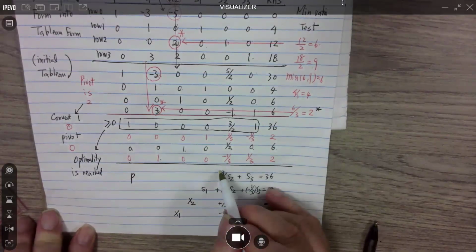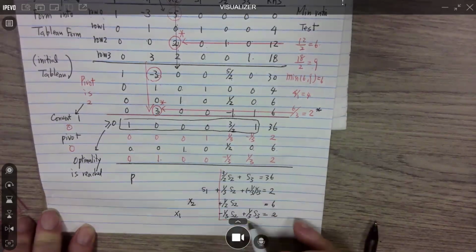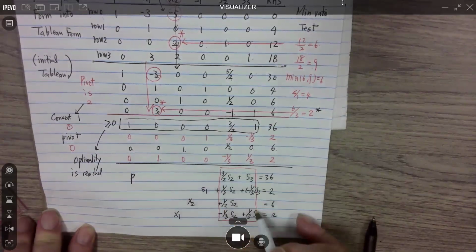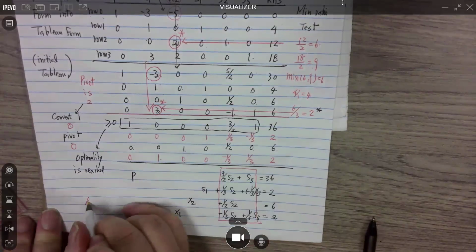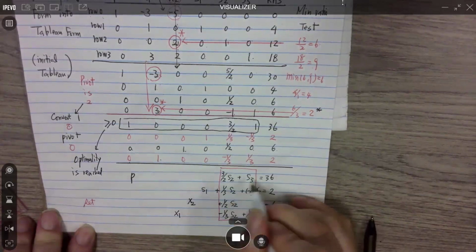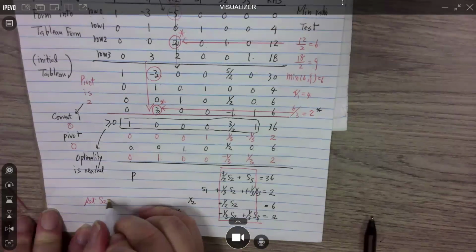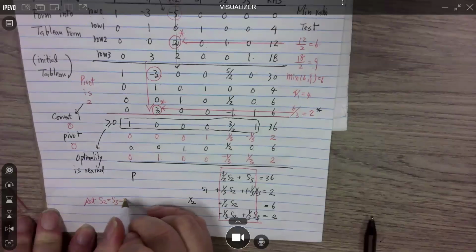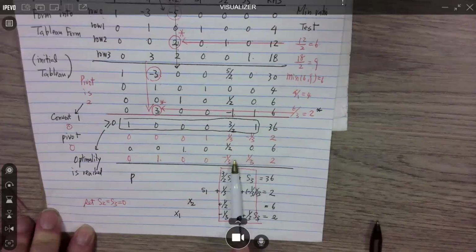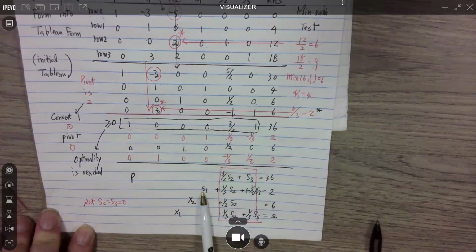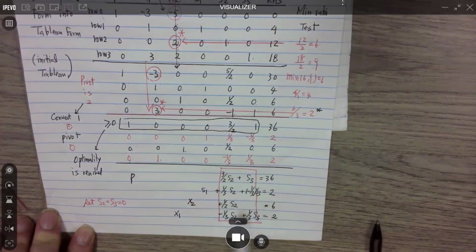And in solving the system, the easiest way is you set what? You set S2, S3 equal to 0. If you set S2, S3 equal to 0, you know S1 is 2, x2 is 6, x1 is 2. You get the answer, okay?